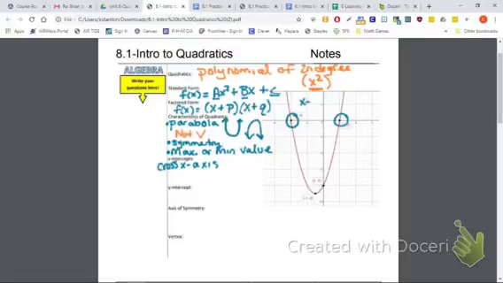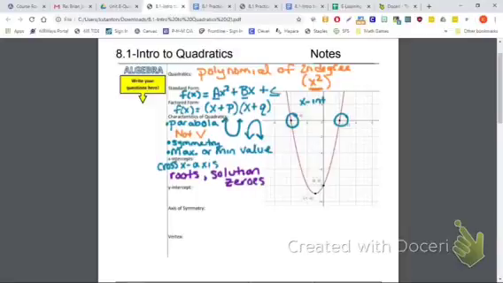Those are our x-intercepts. Another word for x-intercepts that you may hear is roots. You may hear someone call them the solutions. Or you may hear someone call them the zeros.